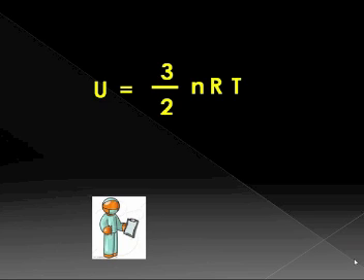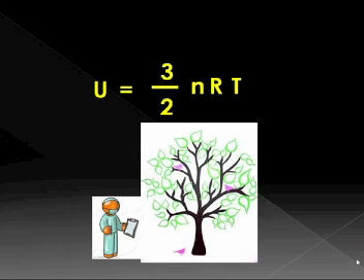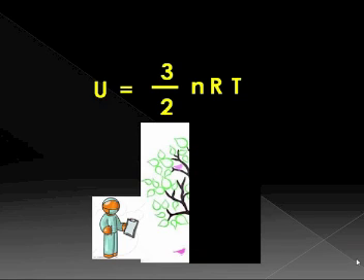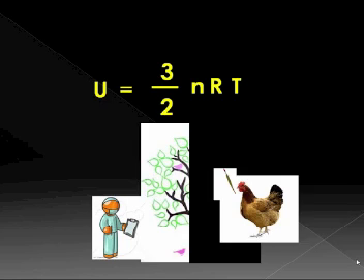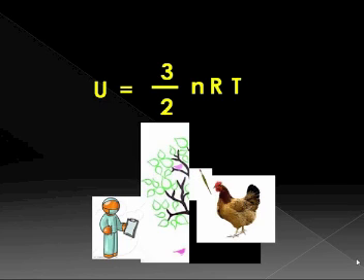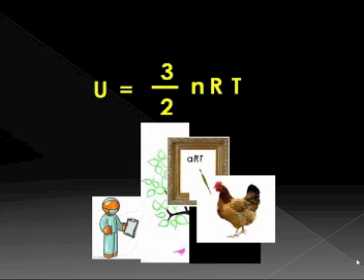To memorize this, here's an intern in a hospital. An intern, internal energy. And here's a tree. But there's a tree half. So there's a tree half, and this intern is trying to figure out what's wrong with this tree. Because what happened is a hen came in with a paintbrush and nailed an artwork and started drawing pictures.